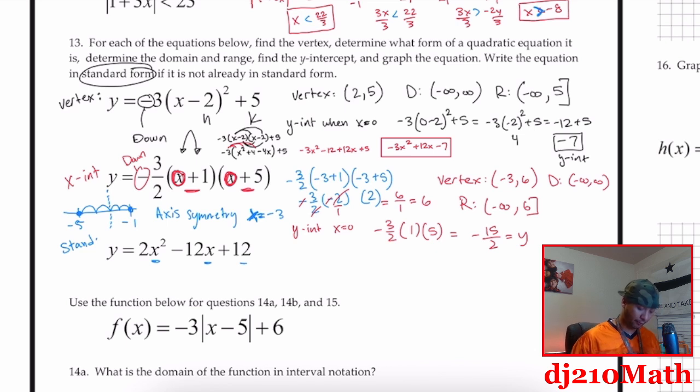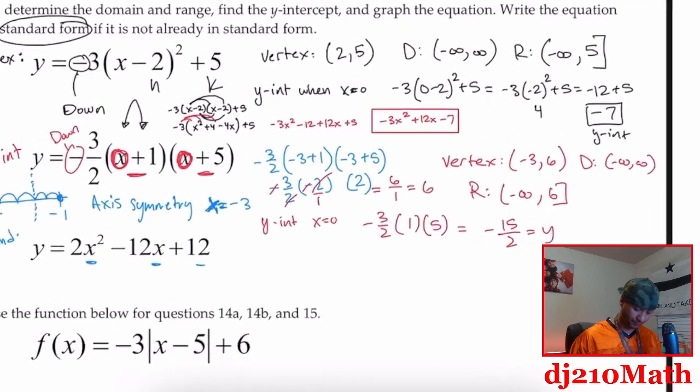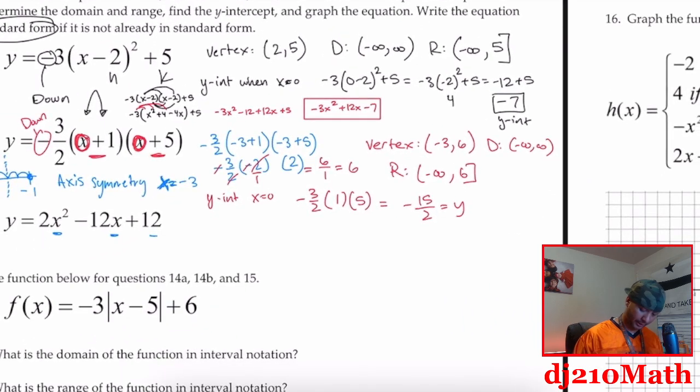Okay, we just have to write it in standard form. So off to the side, they give us no room to work. Negative 3/2 times x plus 1 times x plus 5. So here we definitely have to FOIL this out, double distribute. There's no trick here.